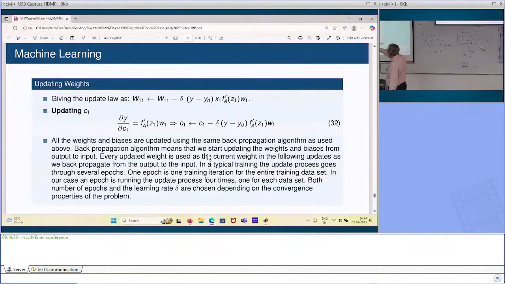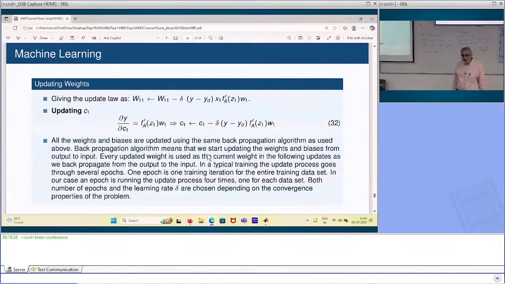So updating C1 is a similar story. So we have updated W11, and this is where the power of this thing is. I have updated W11 in terms of what? Very carefully look at all the things which are needed to update W11. Count one after another.